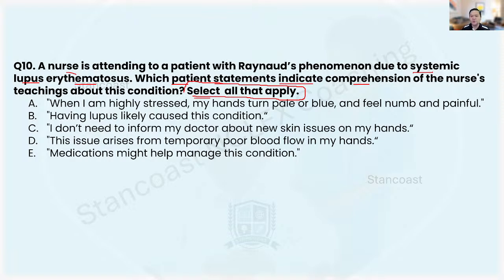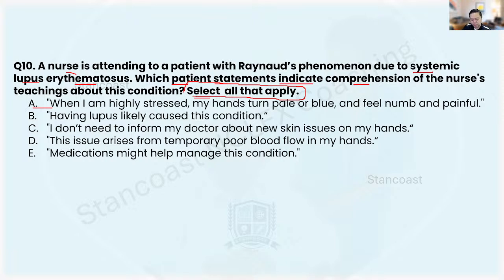All right, let's go through the selections here. If you selected letter A as one of the options, when I am highly stressed, my hands turn pale or blue and feel numb and painful. So this is actually a statement that the patient understands that the disease, Raynaud's, is triggered by the what? Stress.